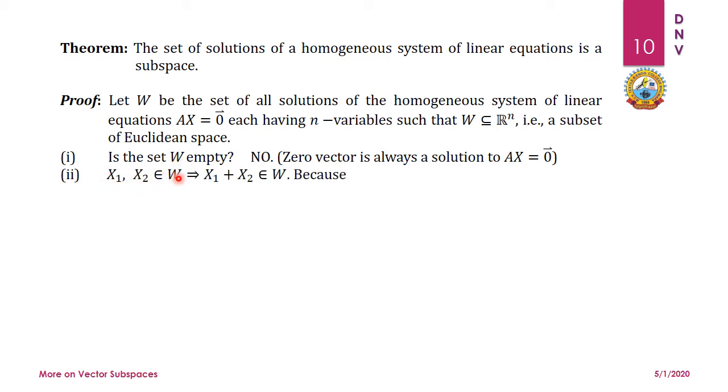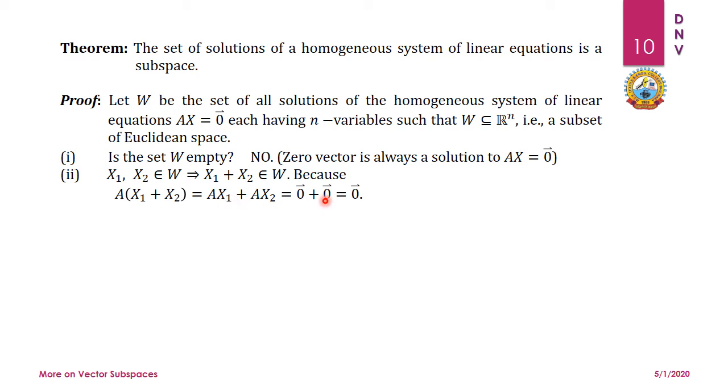If x1, x2 belong to W, can we claim that x1 plus x2 belongs to W? And why? Because if I write A(x1 plus x2) equal to Ax1 plus Ax2, which is allowed because a matrix distributes over the sum of vectors, and as x1 and x2 are solutions of this matrix equation, I can always write Ax1 equal to 0 and Ax2 equal to 0.